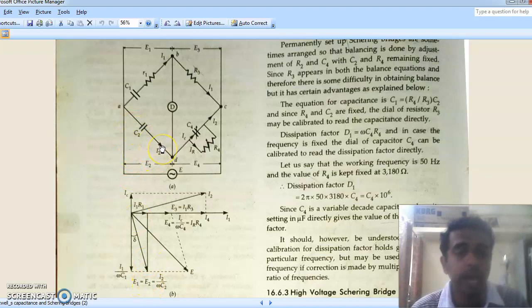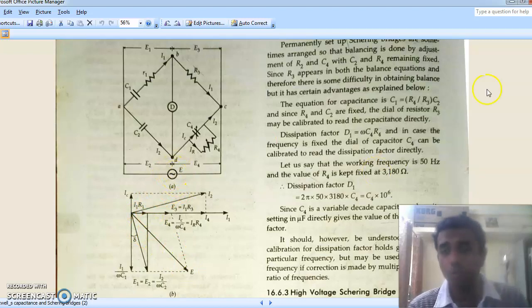E2 is nothing but I2 multiplied by the reactance, that is 1 by omega C2. So that is also here. So we have E3 equal to E4 here, and E1 equal to E2 here. Parallel to this one I draw this one, and parallel to this one I draw this one, so that this is my parallelogram, and if I consider the principal diagonal, I'll get the resultant voltage, that is the total voltage supplied by the supply.